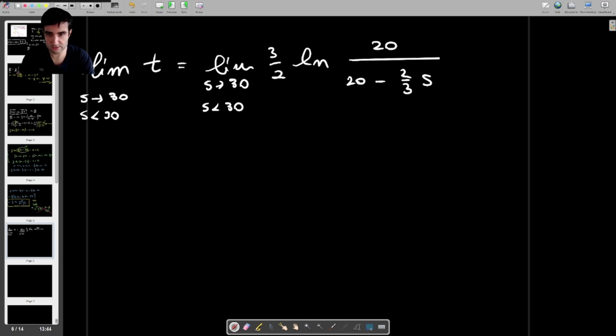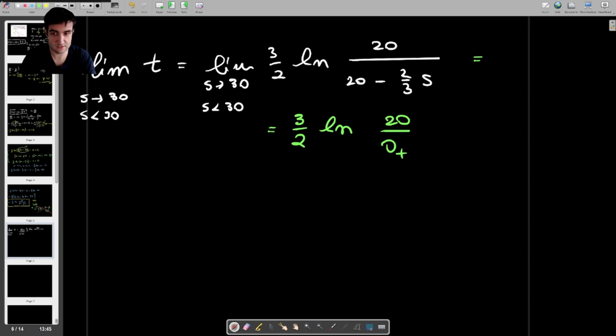Now, if we put in the value, we don't get anything mathematically meaningful because we can't divide by 0, but we can take the limit, and this limit is going to turn into 3 over 2 ln of 20 over what I like to call a positive 0, which means the limit is 0, but it's positive.